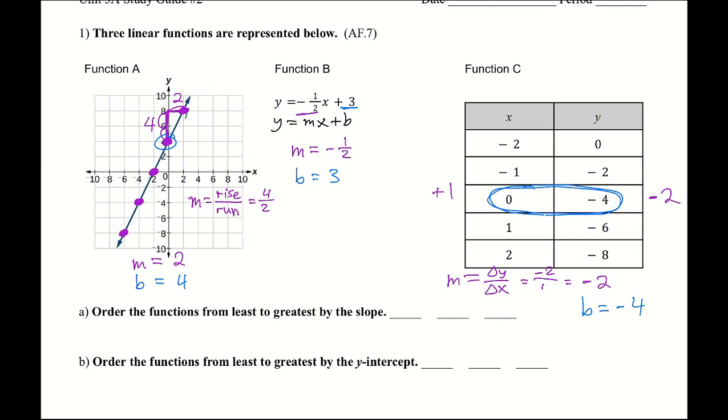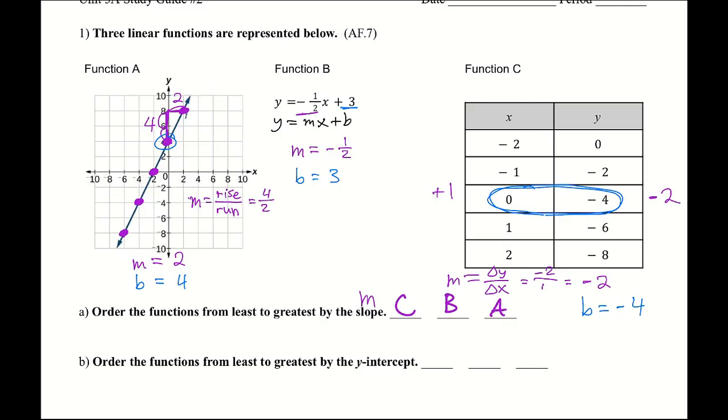So we just need to order these from least to greatest by the slope. The smallest slope that I see is from function c. The next smallest is going to be from function b. And then the largest slope that we have is from function a.